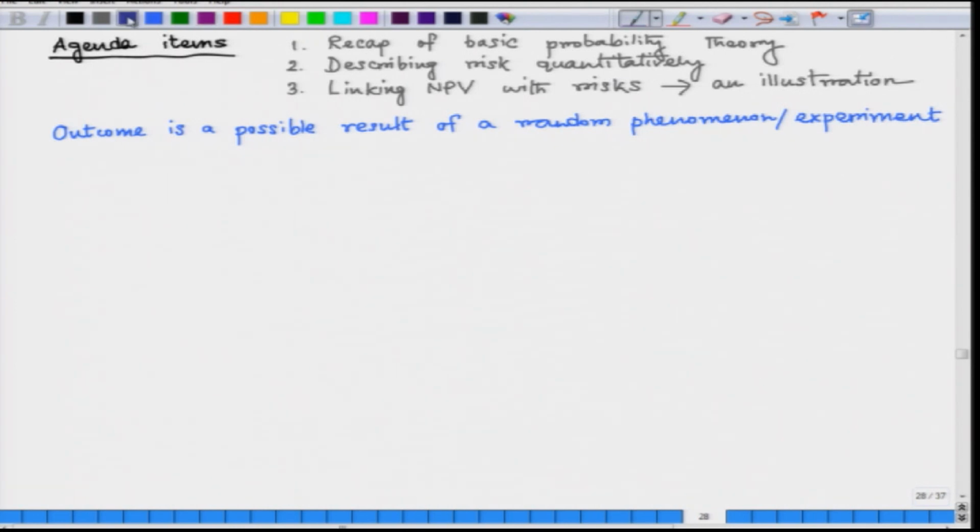So, we define probability is the likelihood that a given outcome will take place.